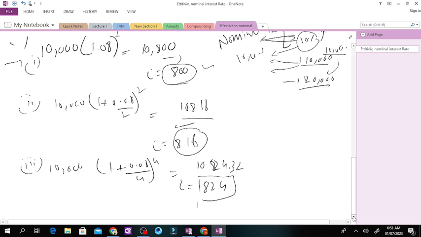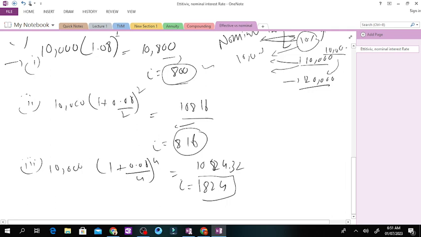Why is this happening? Because when you receive interest more than one time, it is increasing the worth, or you can say it is counting our inflation and the worth of the money into our return.